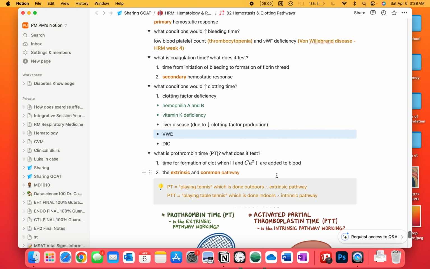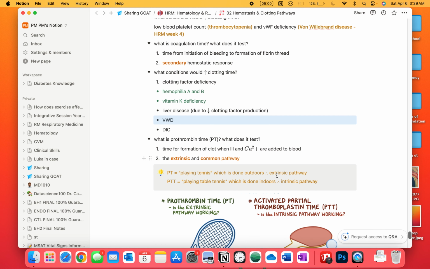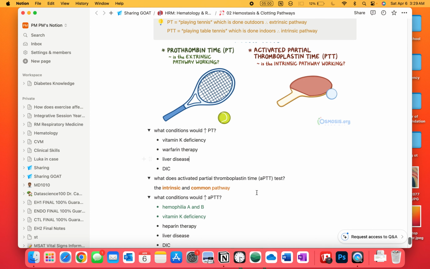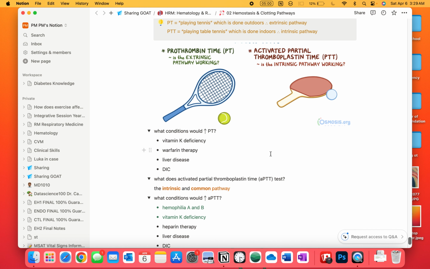What about prothrombin time? Again, playing tennis, extrinsic pathway. So it's the time for formation of a clot when factor 3 and calcium are added to blood. Remember, extrinsic pathway, factor 3 is going to be exclusive to the extrinsic pathway. So if we add it to blood, we can basically test the extrinsic and common pathway time. And what conditions would increase prothrombin time? So remember, vitamin K deficiency, warfarin therapy, liver disease, DIC.